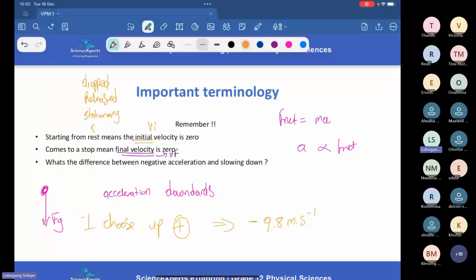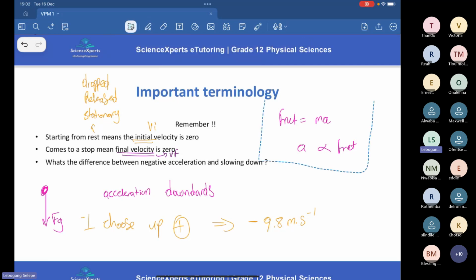Now I have explained the negative part. It only depends on which direction you choose as positive. It does not tell you whether the object is slowing down or not. What tells us whether an object is slowing down or not? It's the direction that the object is moving. If the object is moving in the direction of the acceleration, then the object is speeding up.